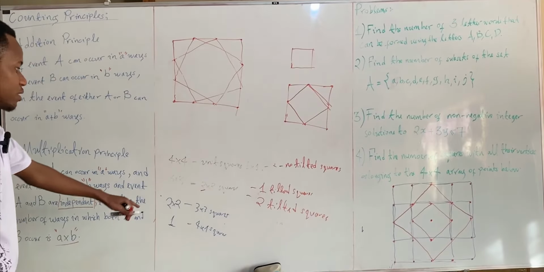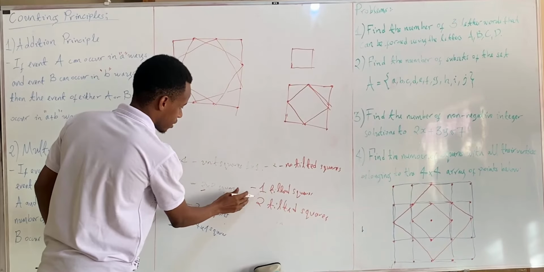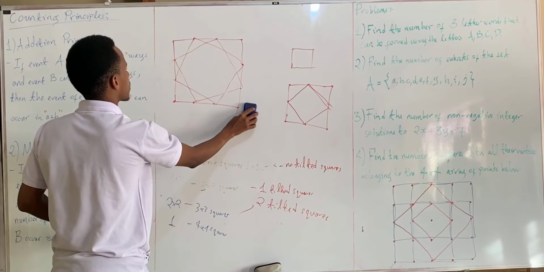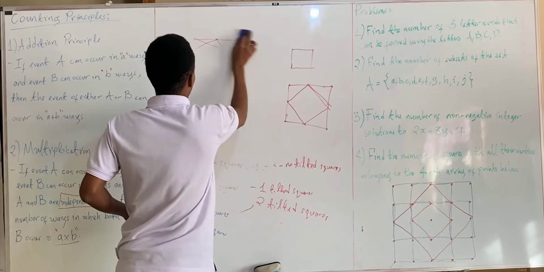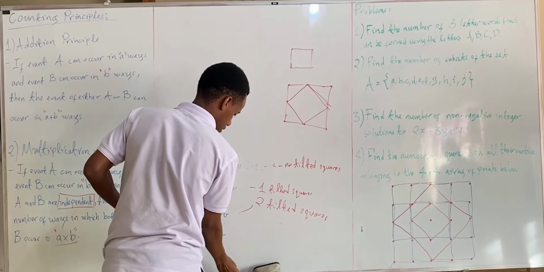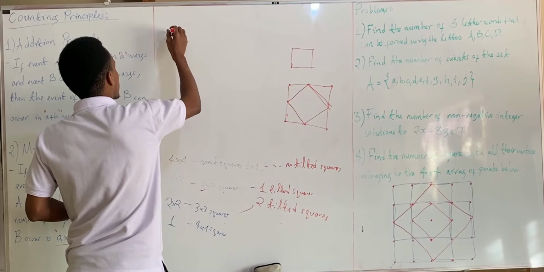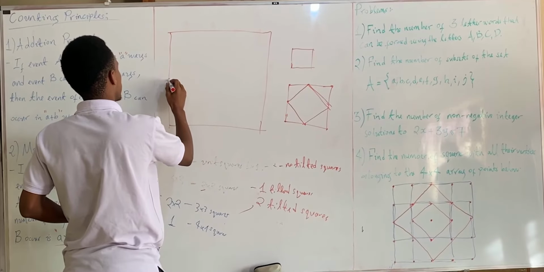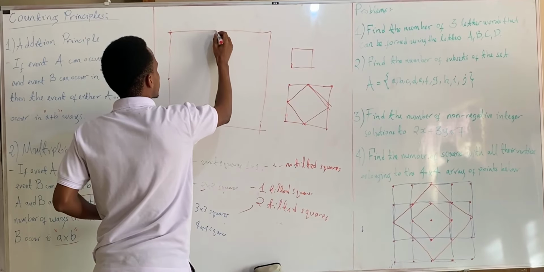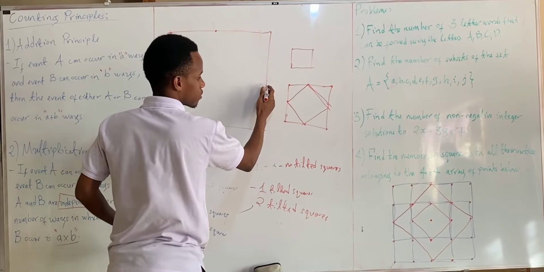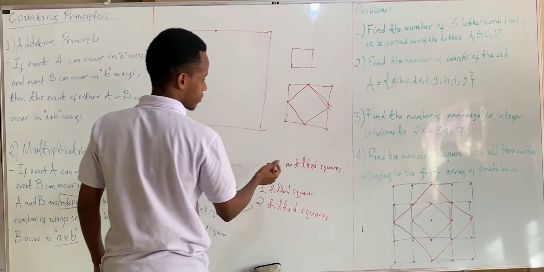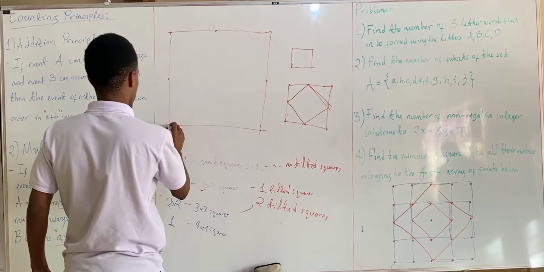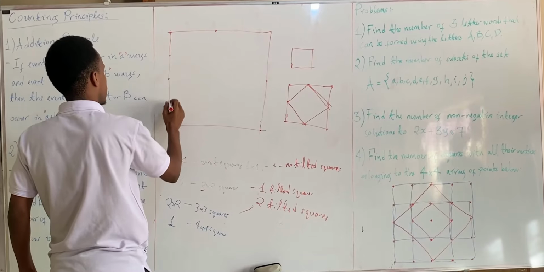Okay, so that is for the 3x3 squares. And finally, for the 4x4 squares, it has to look something like this. So we have points at the middle, at the edges, like that, and then we have points at the quarter points.